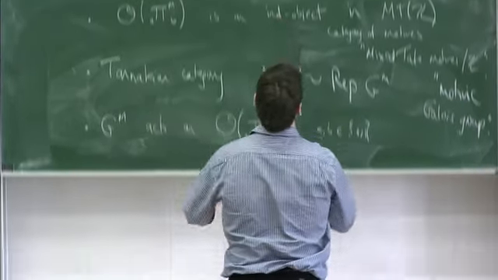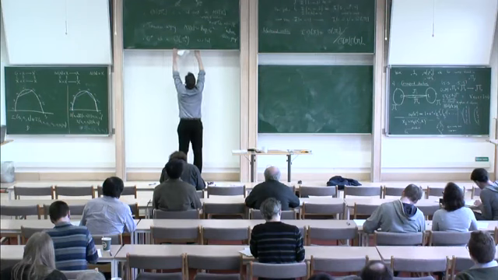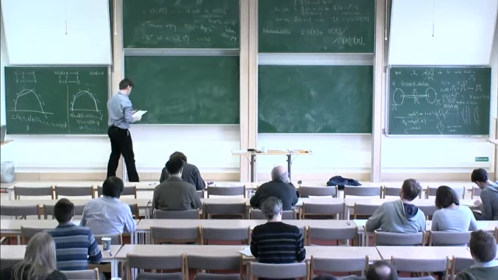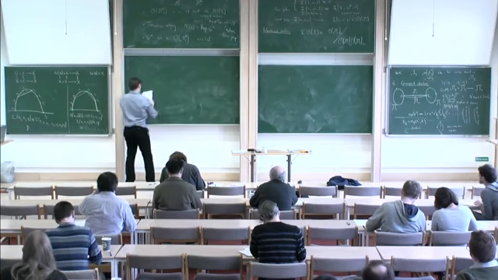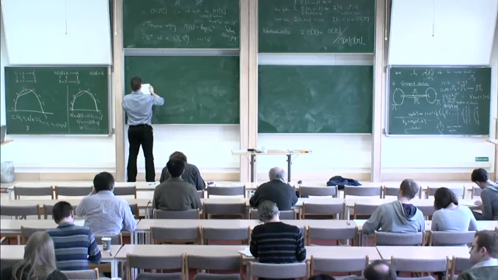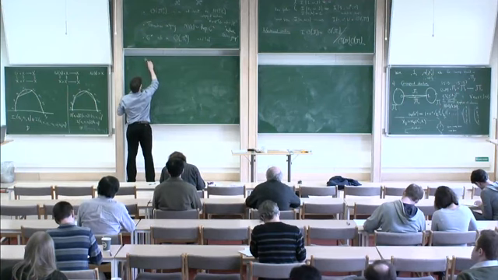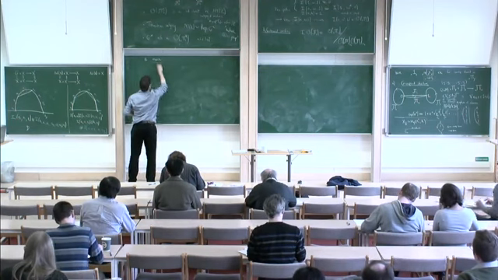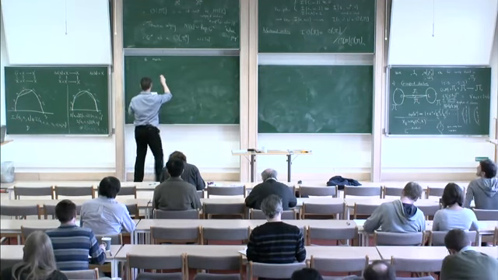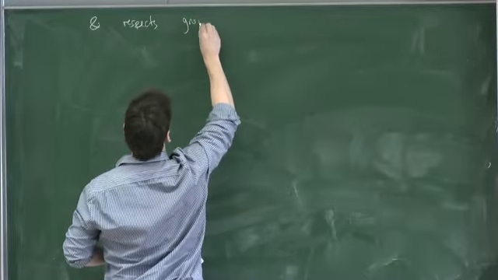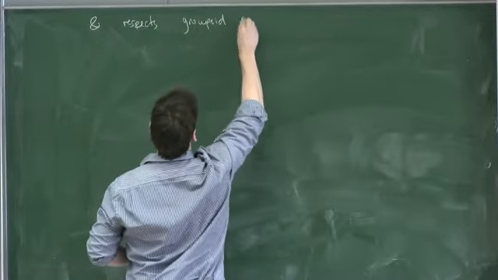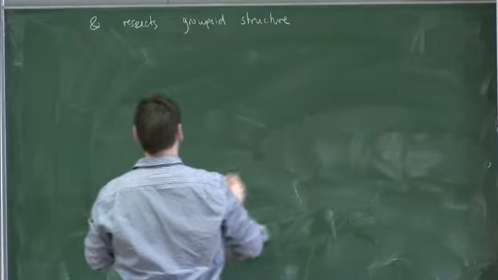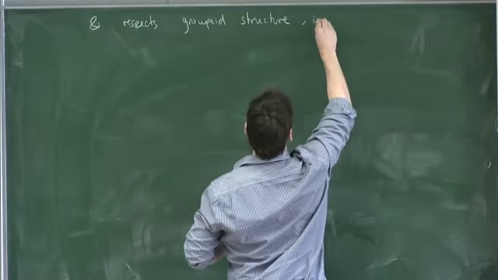And because everything we had before is algebraic, comes from morphisms of algebraic varieties, this action respects the groupoid structure, the inertia, and everything else.